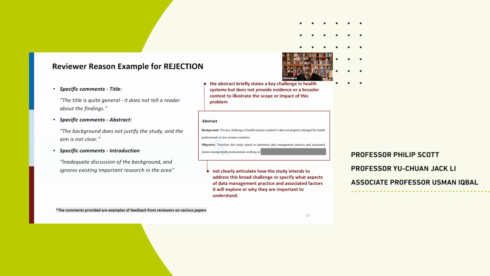So it has to be very clear and crisp, including the title, background, objectives, methods, results, and the discussion section. So it's not really clearly articulated how the study intends to address this broad challenge, and it hasn't specified what aspects of the data management practice and associated factors it is exploring, and that were important to understand.